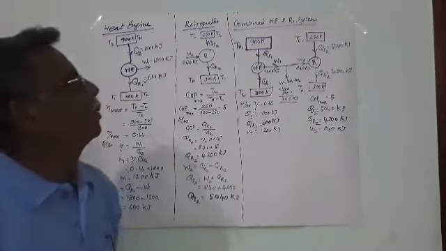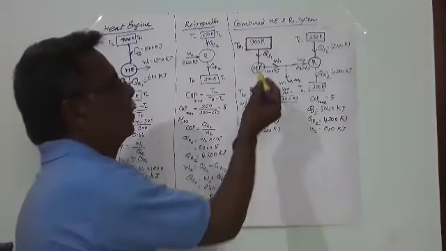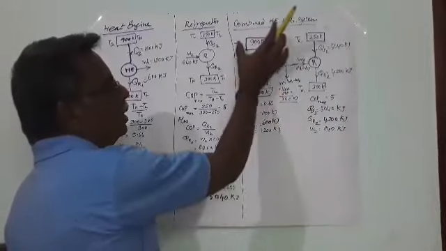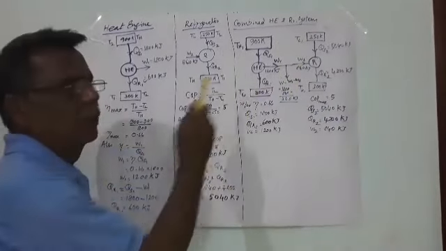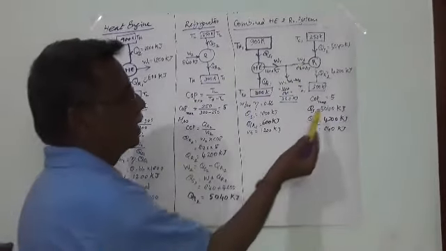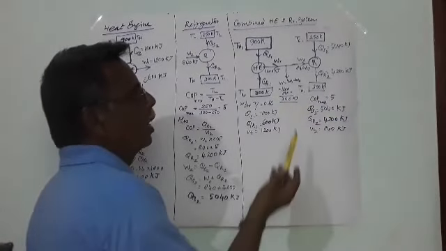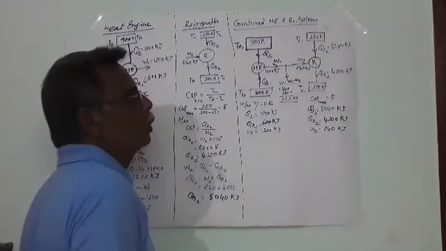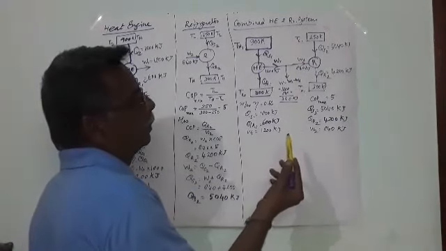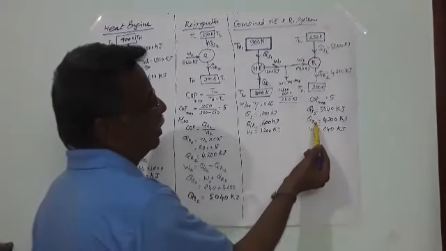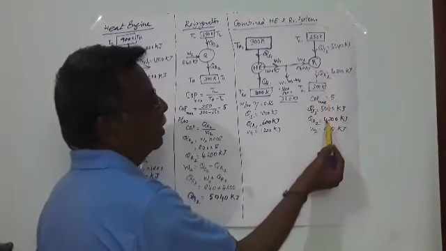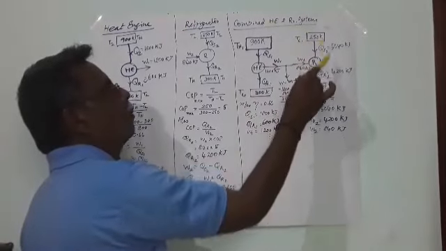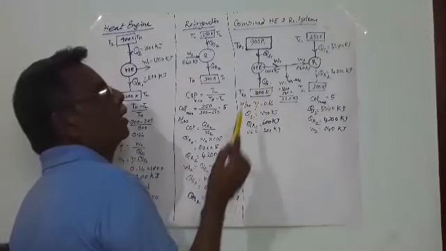So if you run the refrigerator by these parameter values of the heat engine, we get a COP of 5, the amount of heat extracted from the low temperature body is 5040 kilojoules, and the heat rejected to the sink body is 4200 kilojoules.